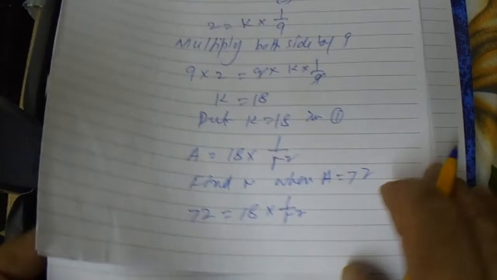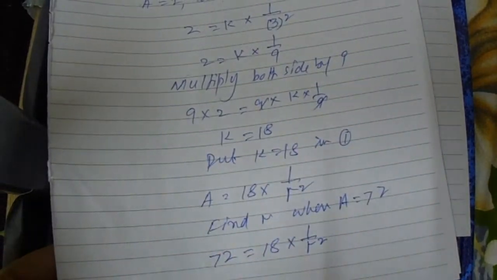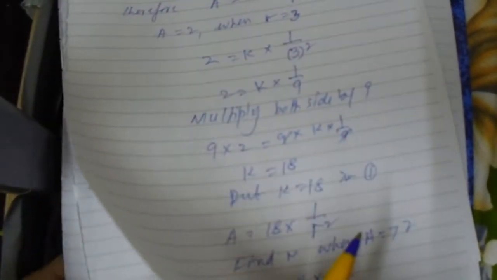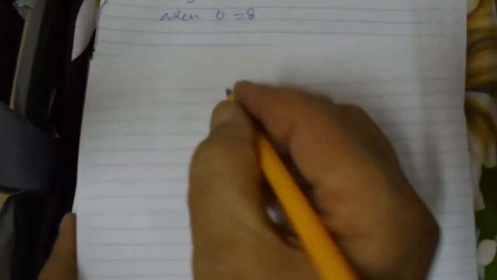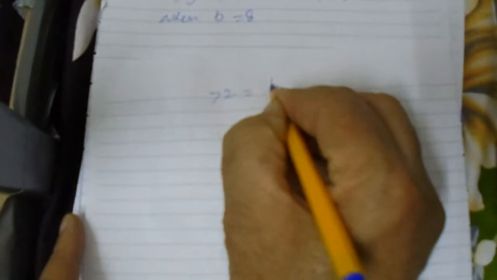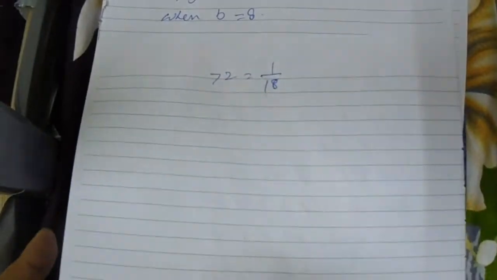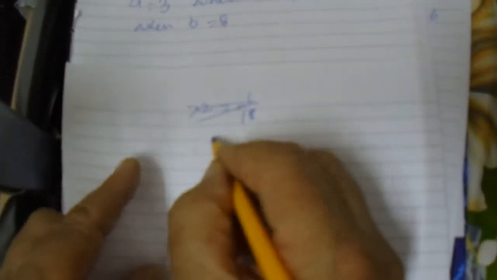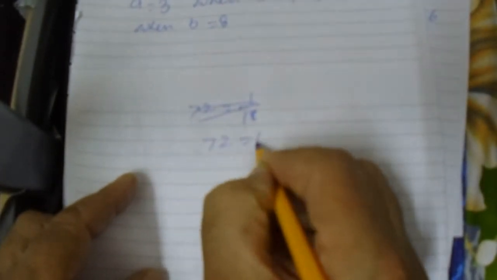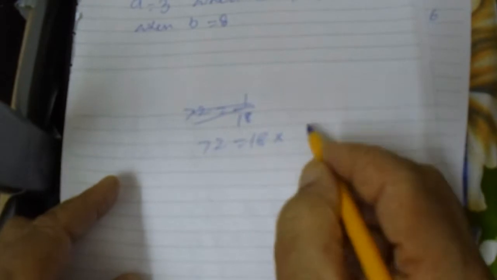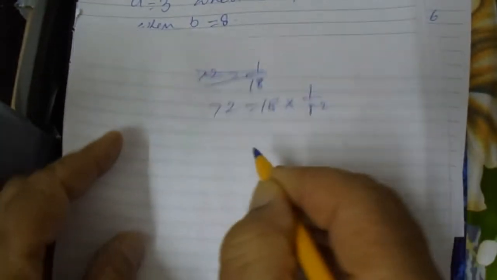Now again we go to the next page and solve this question. I wrongly wrote it here; 72 is equal to 18 multiplied by 1 over r squared.